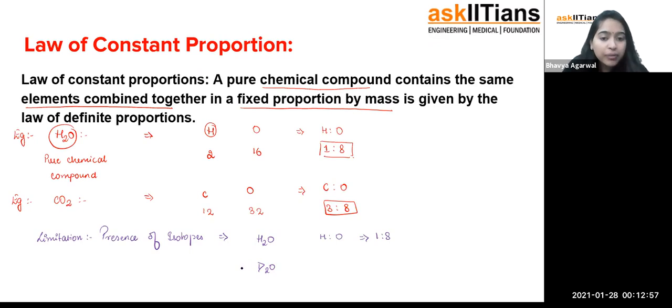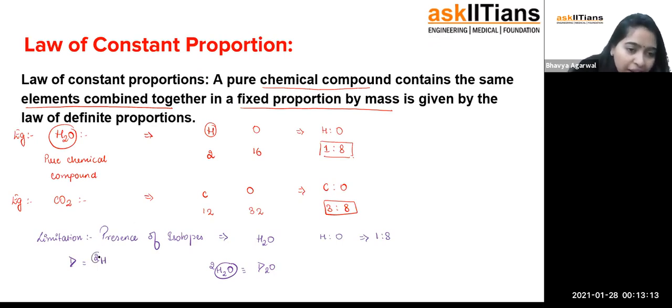Now, deuterium can also be written as 2H, because deuterium is also written like this. This just signifies that the mass of deuterium is twice the mass of hydrogen. So here, what is the ratio of hydrogen to oxygen?